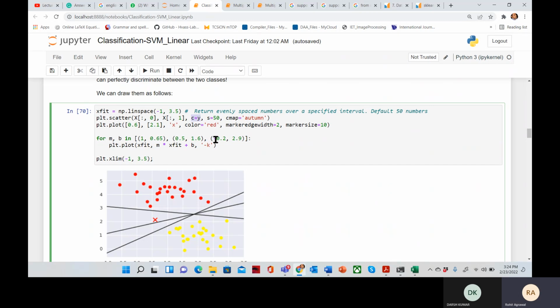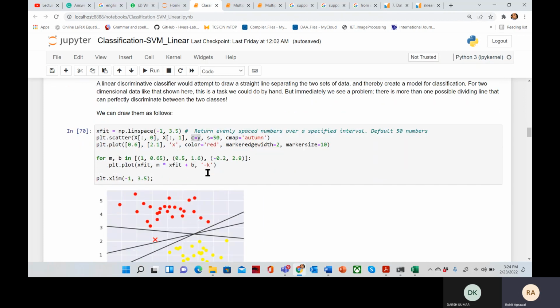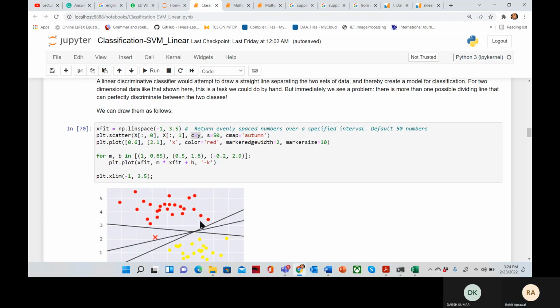So y is an array here, so we are just passing this as a color. If it is a 0, it will have a common color. For 1, it will have a separate common color, and there are 2 values only, so you have only 2 colors in your graph. Do you remember? If you remove this from here, then you will have all the data points in the same color.